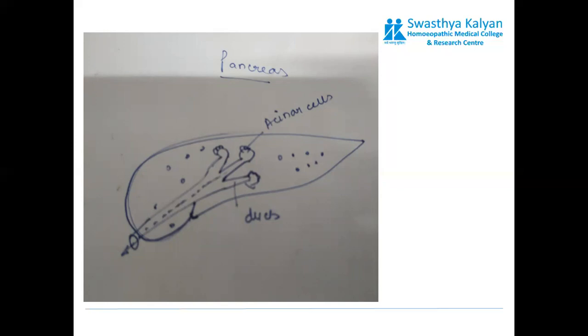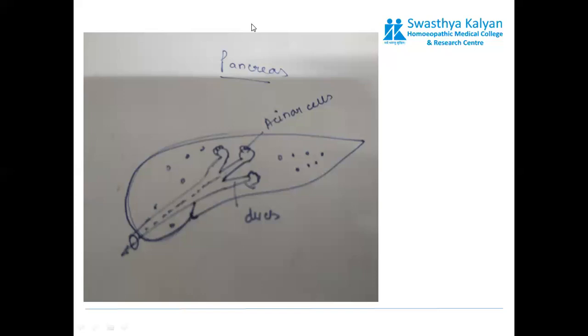Now exocrine function consists of the acini. Acinar cells. They are special cells. Here are the acini and they are the acinar cells. And these acinar cells basically they synthesize digestive enzymes.